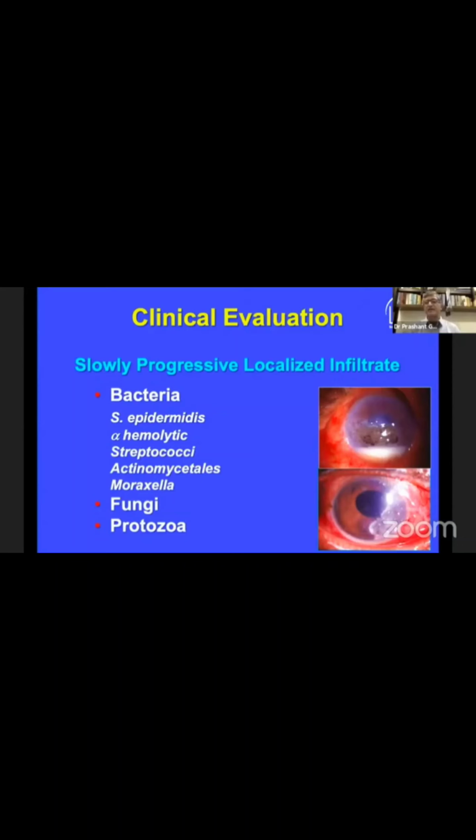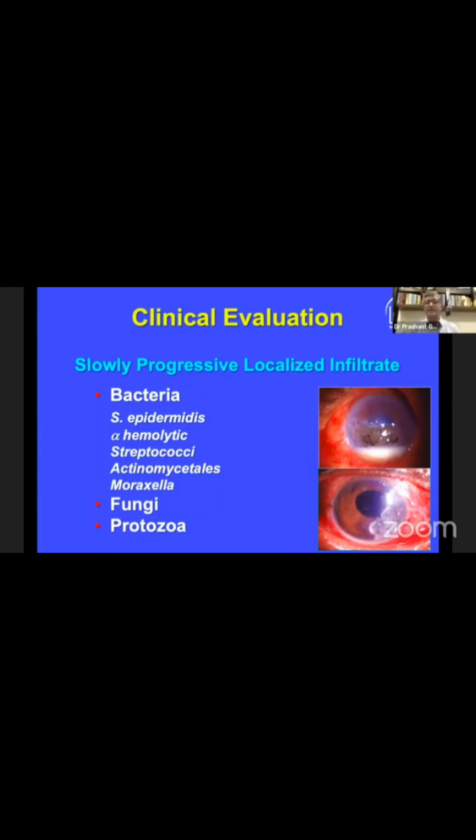And these bacteria mostly belong to the actinomycetal group, which is nocardia and atypical mycobacteria, or moraxella. Among staph epidermidis, which is usually a commensal but can occasionally cause infection, and therefore the clinical picture becomes a slowly progressive disease.